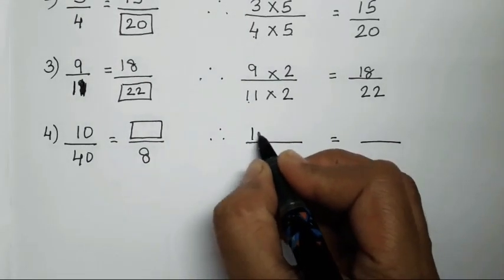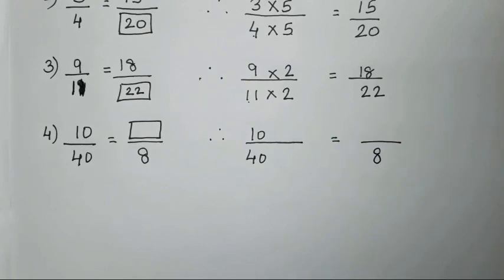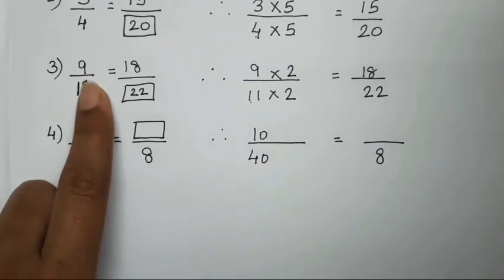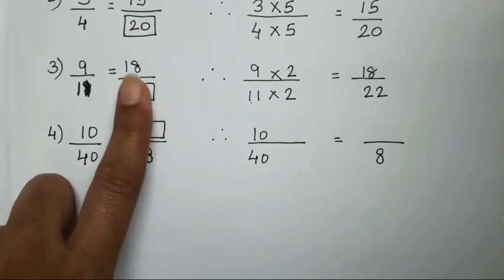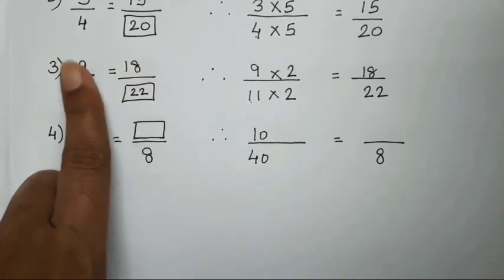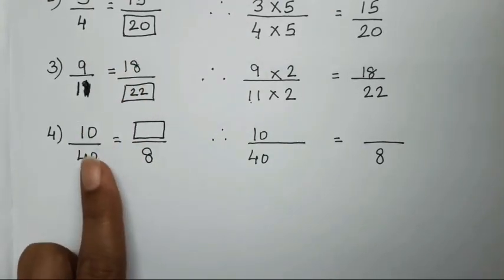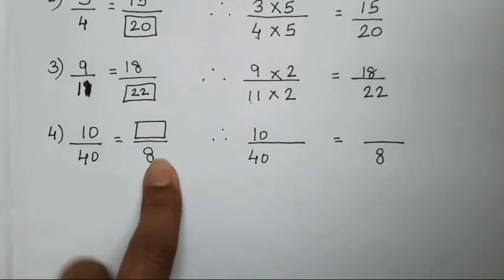Okay, so 10 upon 40 is the fraction given and over here 8 has been given. Now if you look at the third sum, the first fraction is smaller but the answer that you have to find is bigger. Okay, the number is bigger, but when you have to divide, the first fraction is going to be bigger and the other one is going to be smaller.